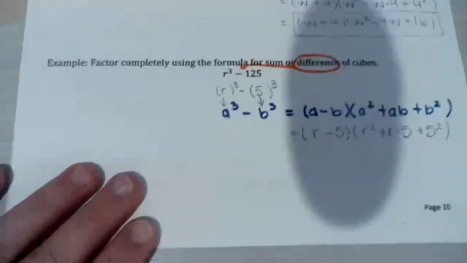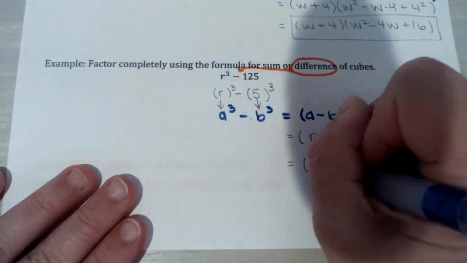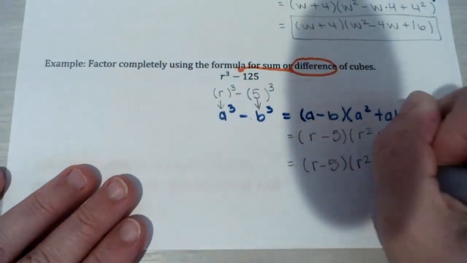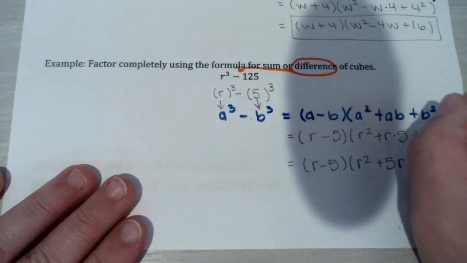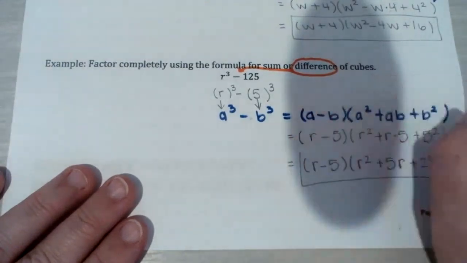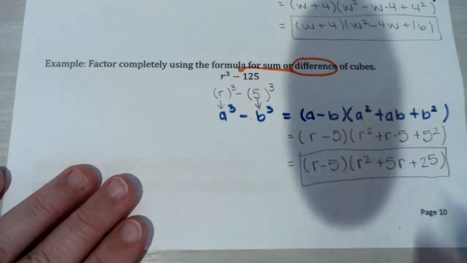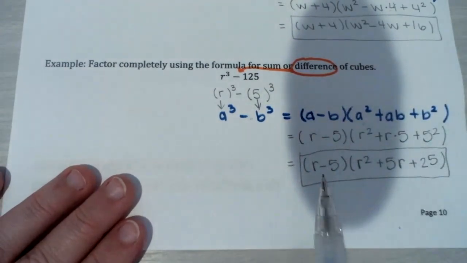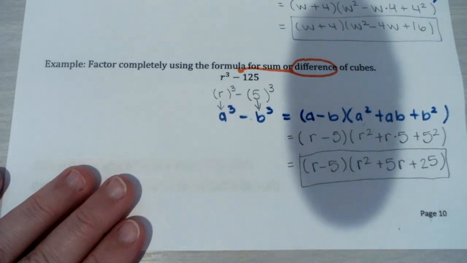Just like on the previous problem, let's simplify it a little bit to make it look nicer. R minus 5 times r squared plus r times 5, which you can rewrite as 5r, plus 5 squared, which is 25. Again, even though it's r squared, this can never be factored, so that's your final answer. R minus 5 times r squared plus 5r plus 25.